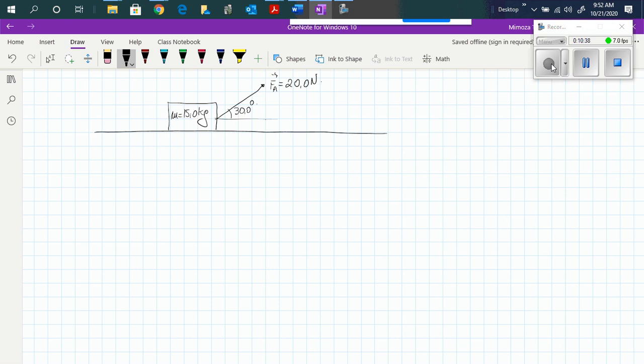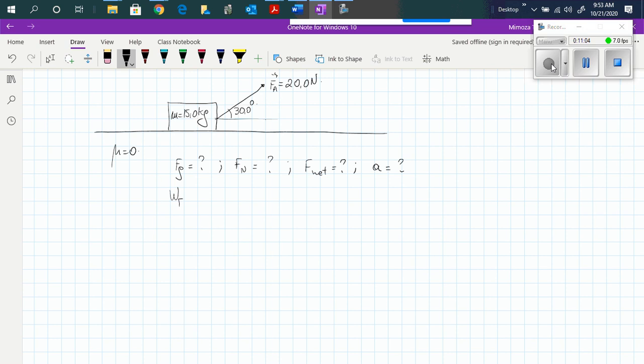And again, the object is on a frictionless surface, so friction is 0. What we are looking for here is the force of gravity, the force normal, the force net, and the acceleration. And this is a pure dynamics question.